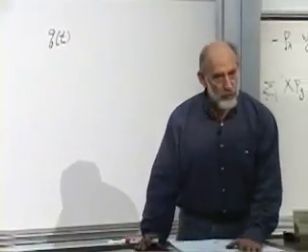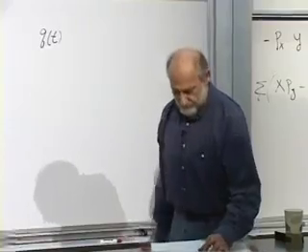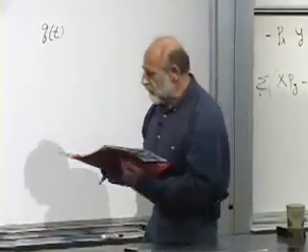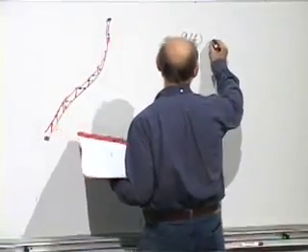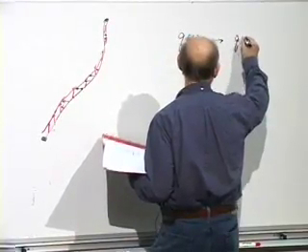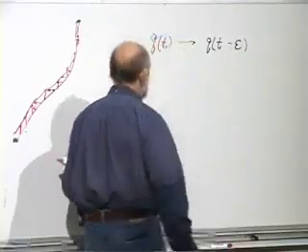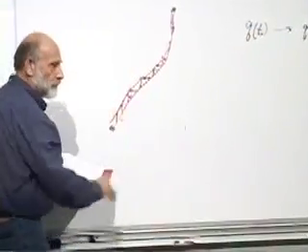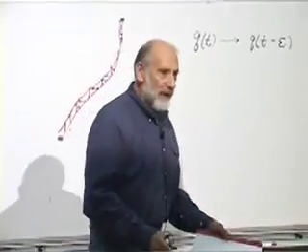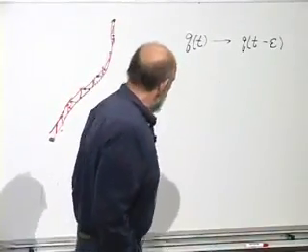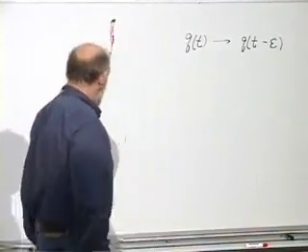What happens to q at each instant of time? q of t goes to q of t minus epsilon. Epsilon is this fixed amount that you've shifted the trajectory. Why is it minus? It's actually minus and not plus.